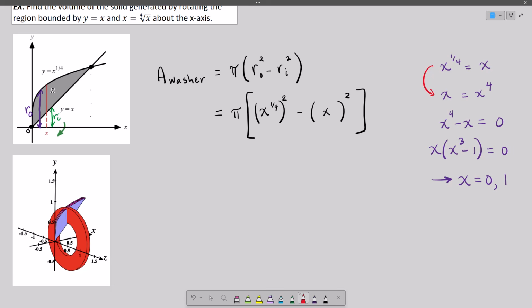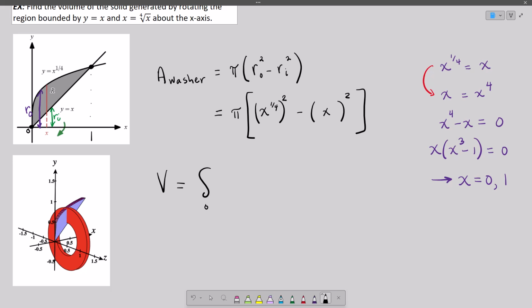Doesn't always happen, but it happens at times. So it's something we have to be aware of. We get 2 solutions here. We look, we see there's 2 intersection points, so all is fine. Those intersection points are going to be 0 and 1. And of course, we can check. Plug 1 into each, and yeah, we get 1. Plug 0 into each, and yeah, we get 0. So it matches.